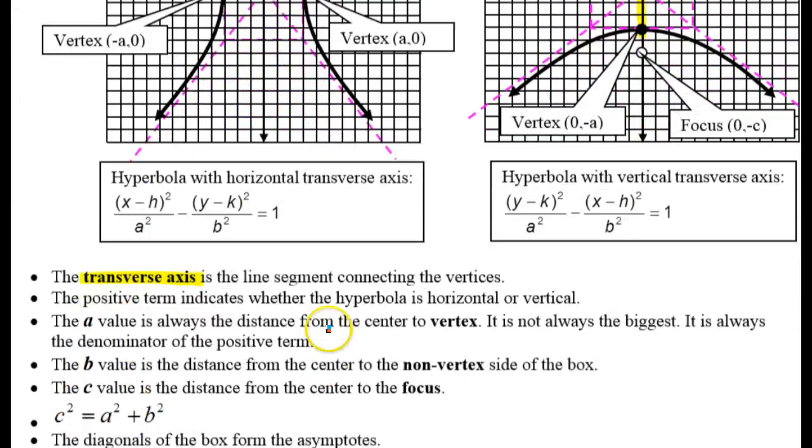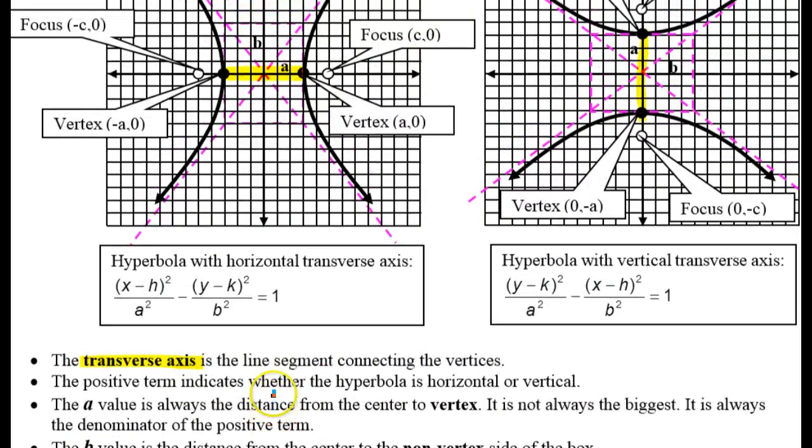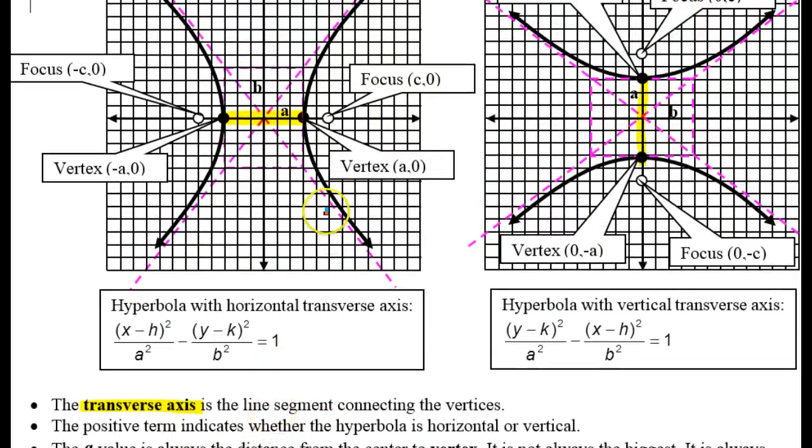There's one vocabulary word that I left off the list, but I'm going to go ahead and give it to you now. The distance from one side to the other of the non-vertex side of the rectangle is called the conjugate axis. So you know how the B value is the distance from the center to the side of this rectangle where there are no vertices.